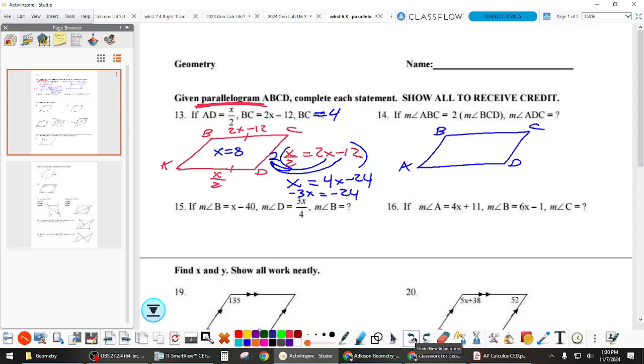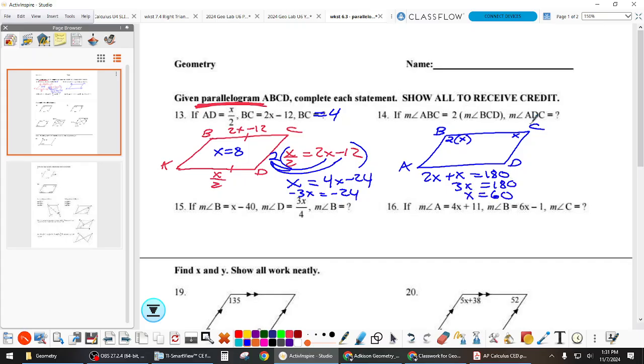Yesterday we talked about if this is 2 times something that I don't know, what should I stick in there? X. So that's 2x, which makes BCD just 1x. And what has to be true about those 2 angles? They are supplementary, good. They add to 180, so 2x plus x equals 180, or x is 60.